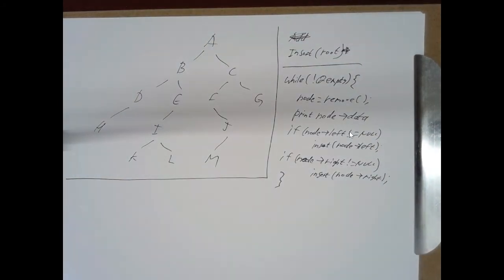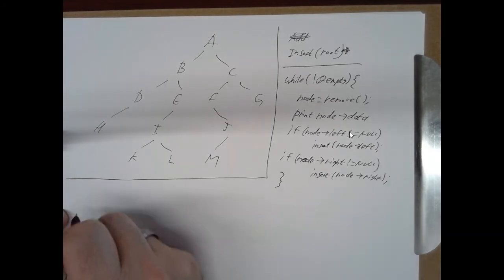And that's your whole loop. So you seed the whole process by inserting the root. And then you just iterate as long as there's stuff in the queue. Remove what's at the head of the queue, print its data, and then if it's got a left child, add that to the queue. If it's got a right child, add that to the queue. And go back and just keep doing this.